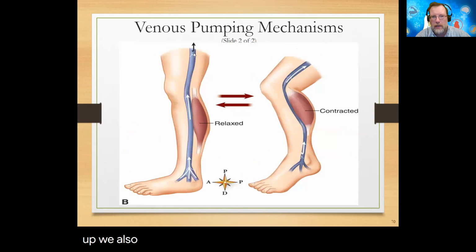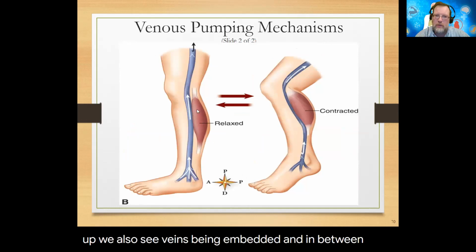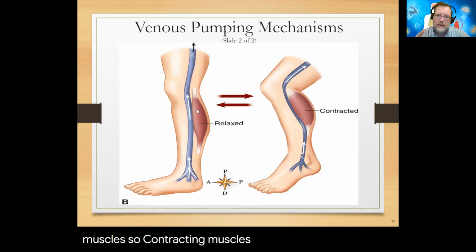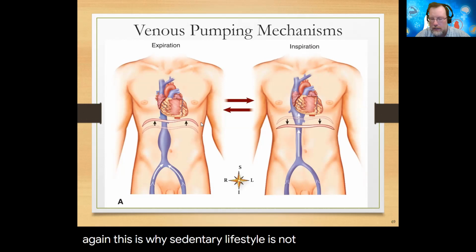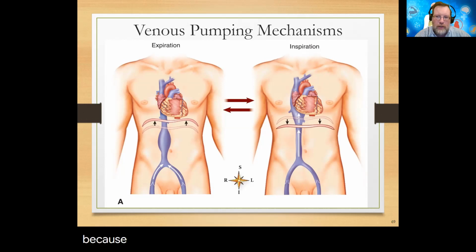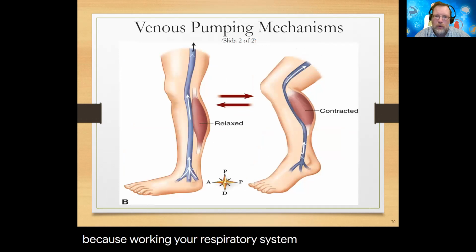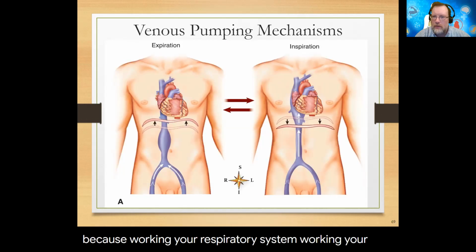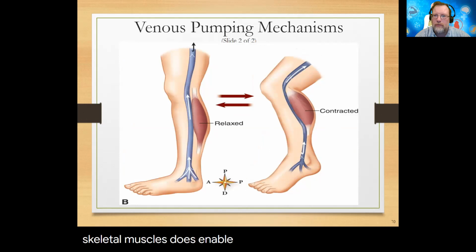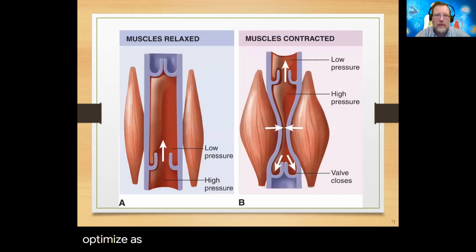We also see veins embedded in between muscles, so contracting muscles act as pumps as well. This is why a sedentary lifestyle is not a good idea, because working your respiratory system and your skeletal muscles optimizes venous flow back to the heart.